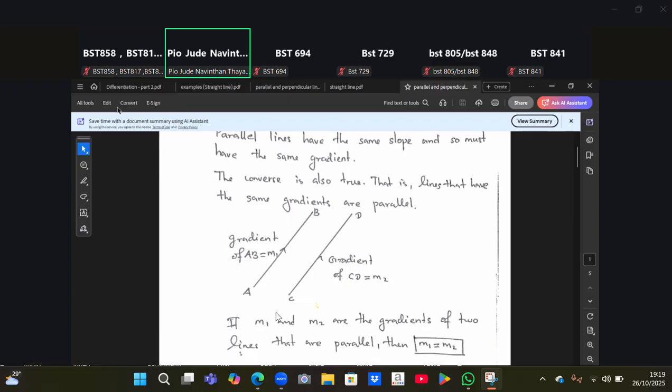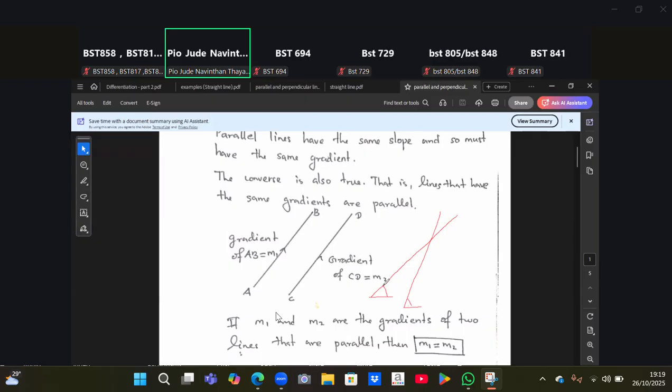For example, if we say one line has the slope M1, and the other has M2, it sometimes goes that way, because the slope of this line and the slope of this line are two different thetas.